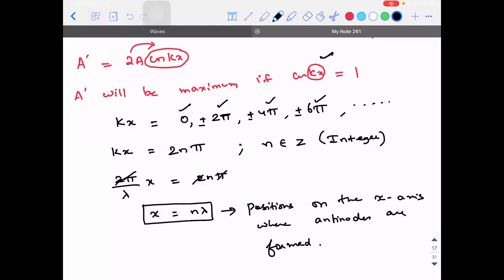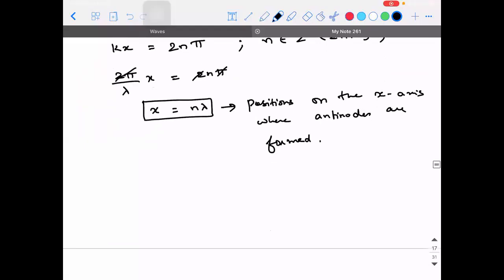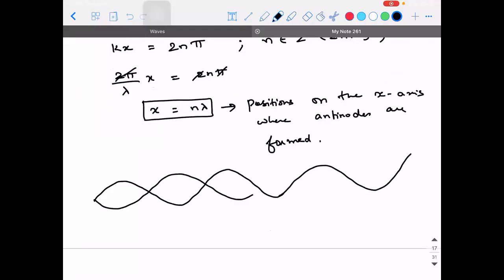If you take n number of standing waves, let's say it is keeping on going, then if I take x is equal to 0, this is the first position.